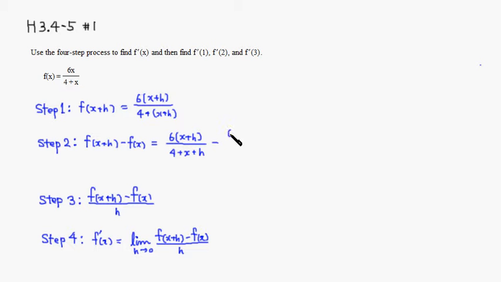So you have 6x over 4 plus x. Then let's take the common denominator. The common denominator is just the product of those two denominators, so you have a big fraction. The common denominator is going to be quantity 4 plus x plus h times quantity 4 plus x.